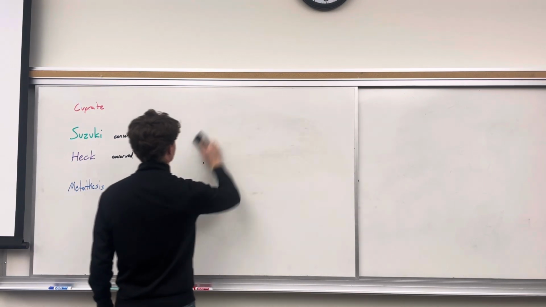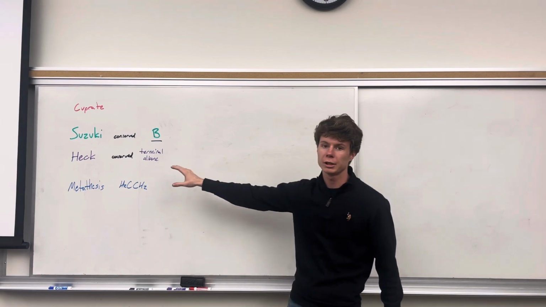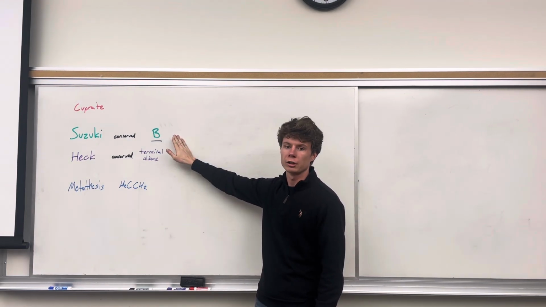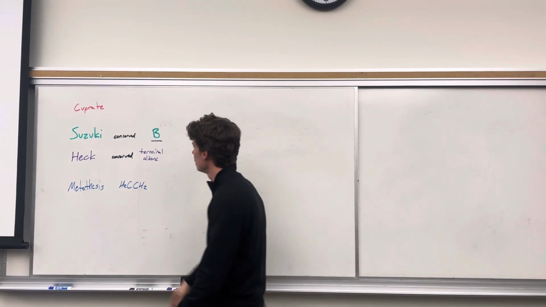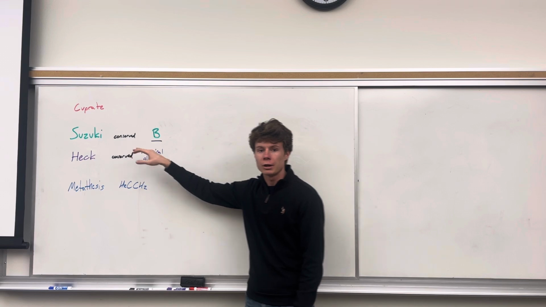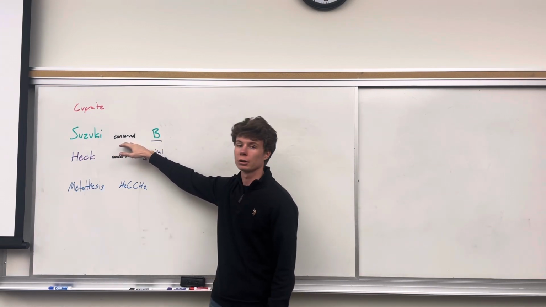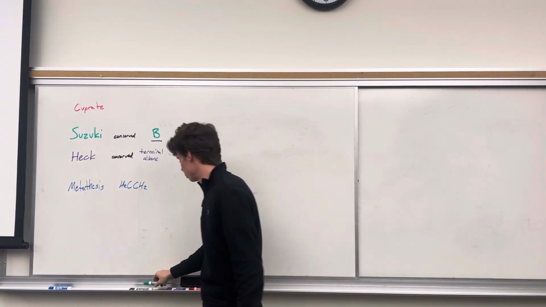Okay, next up, Suzuki. Suzuki coupling is when we have boron, and boron's just going to leave, it's going to go away, but that's just how you recognize it. The main thing is that our stereochemistry, the way that our double bonds are oriented, is going to be conserved. Same thing with Heck. We'll do Suzuki first.